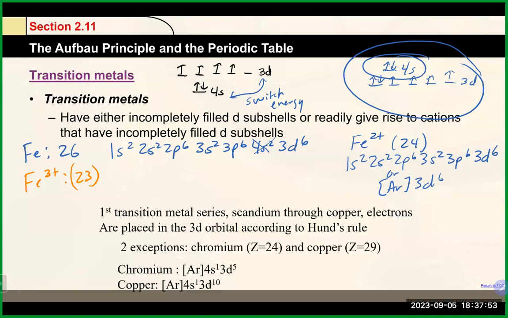It will again lose the 2 s electrons, which would be these 2 guys right here. At that point, the next place it could get that 3rd electron from is it's got to go into the d orbitals, and it's going to take one of those electrons out, and that would leave you 1s2, 2s2, 2p6, 3s2, 3p6, 3d5, or argon 3d5.